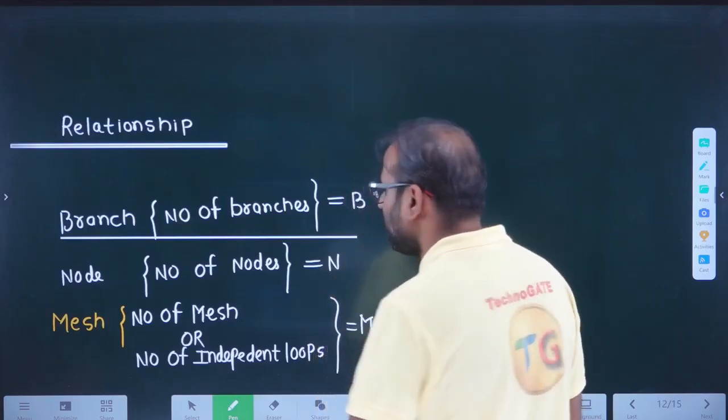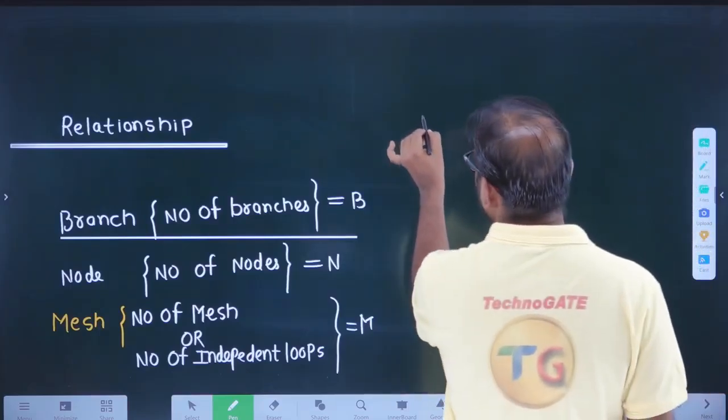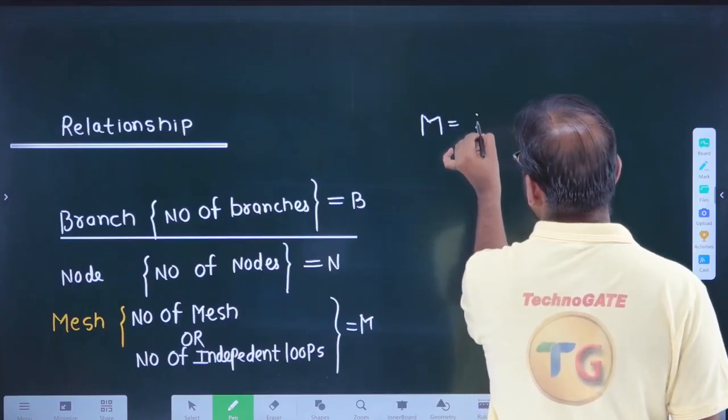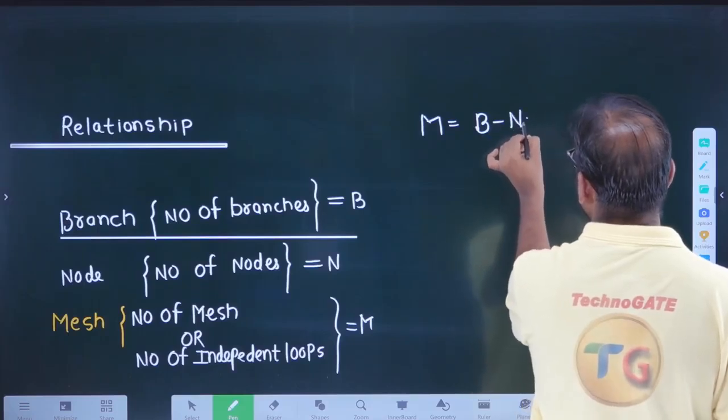I am calling it M. And there is a relationship between all this. You can say M is equivalent to B minus N plus 1.